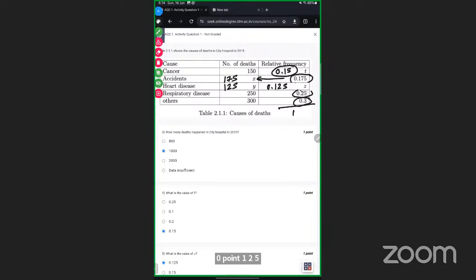Otherwise, this will not become 1. The whole addition should become 1.